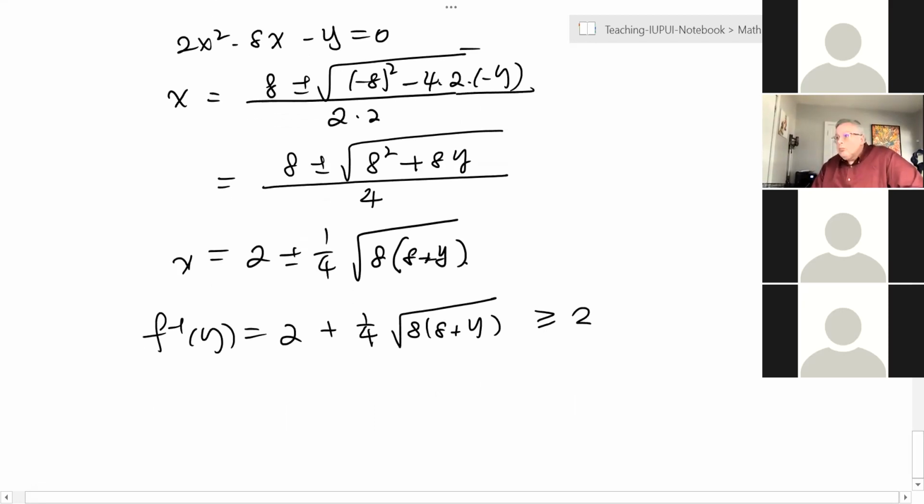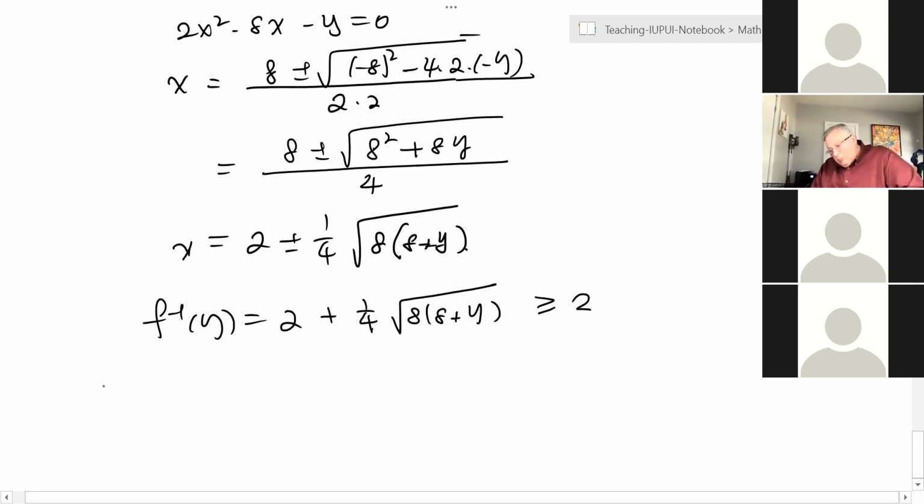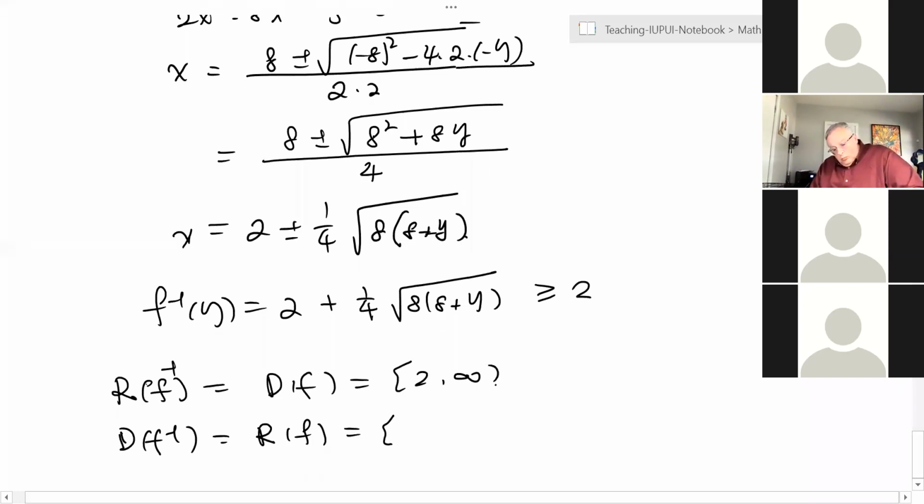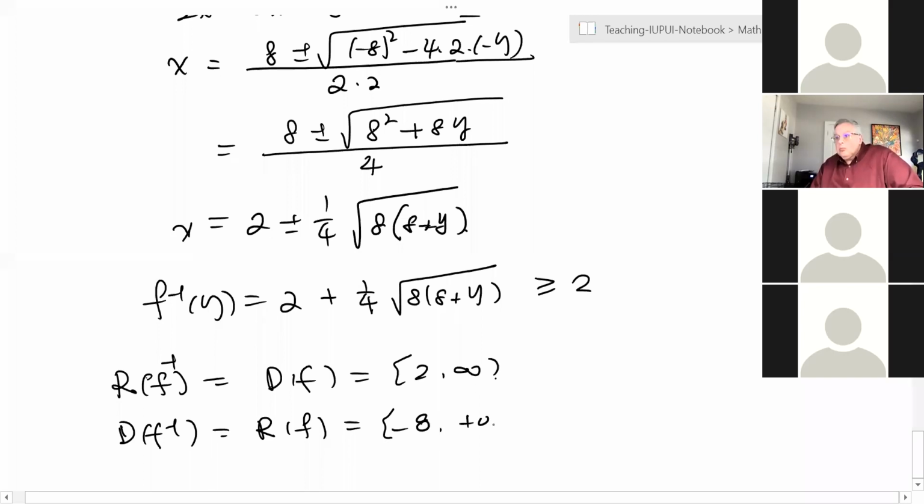And the domain is y greater than or equal to negative 8. So this is a formula for the inverse function. So the range of f inverse is going to be the domain of f, from 2 to infinity. And the domain of f inverse is just the range of f, from negative 8 to positive infinity.